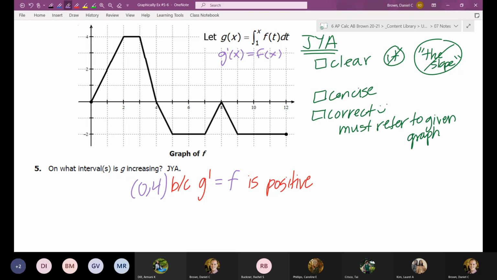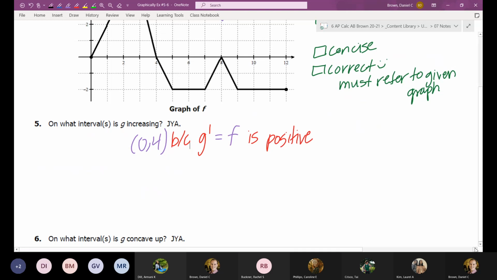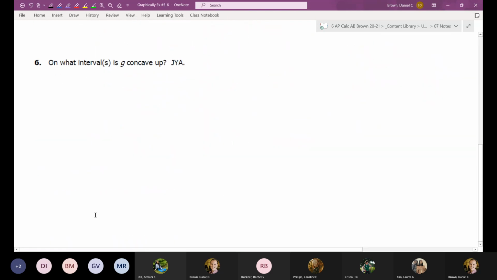Questions on that? All right, let's do number 6 then. Number 6 says, on what interval is G concave up? I like doing my justification first. What would we know kind of calculus-wise that's going to make G concave up? G prime.